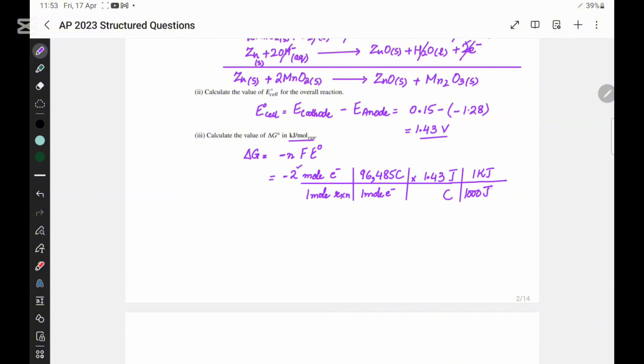And the E naught value is in joules, so we have to convert it into kilojoules. 1 kilojoule contains 1000 joules. So the answer that comes out is minus 276 kilojoules per mole of reaction.